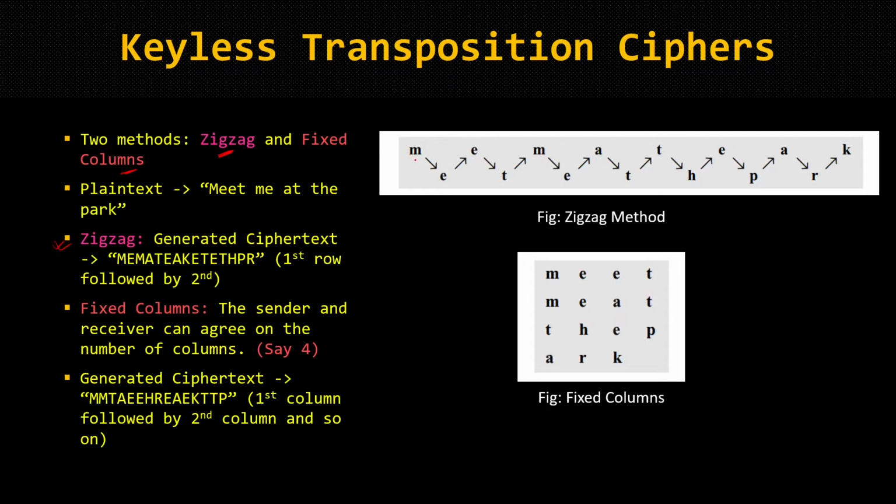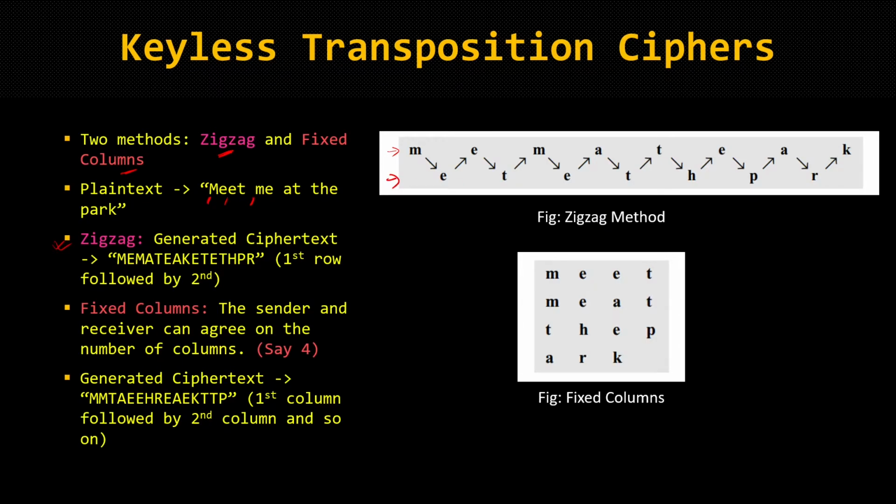As you can see, MEET, ME, AT, THE, PARK. So this is "meet me at the park". We are arranging them in a zigzag fashion. Or you can also see that the odd positions are kept in the first row, and the even positions of the plain text are kept in the second row.